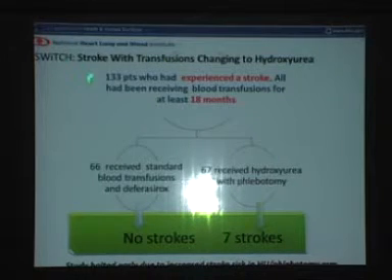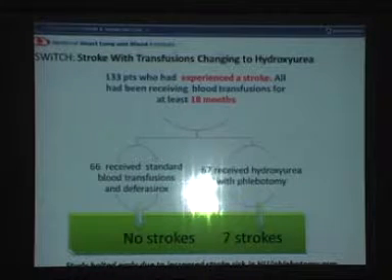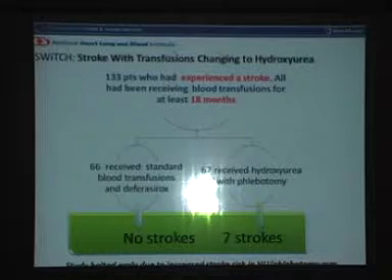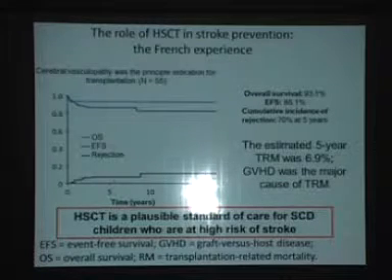So that was the basis of the SWiTCH trial, which again showed that patients who stopped transfusions and were put on hydroxyurea had incidents of stroke among them. So the recommendation now is that you transfuse these patients indefinitely, because once you start transfusing them, they tend to have recurrences.